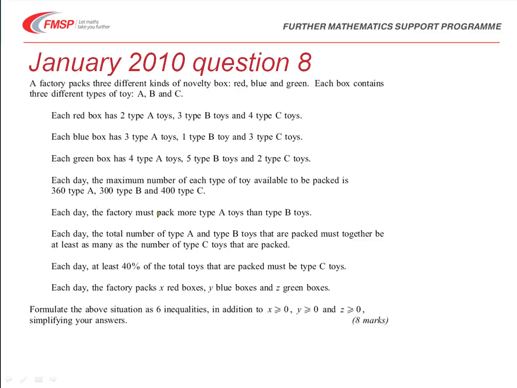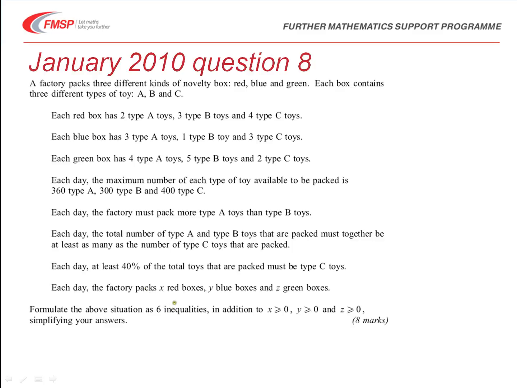Each day the factory must pack more type A than type B toys. Each day the total number of type A and type B toys packed must be at least as many as type C toys. And each day at least 40% of the total toys packed must be type C toys.